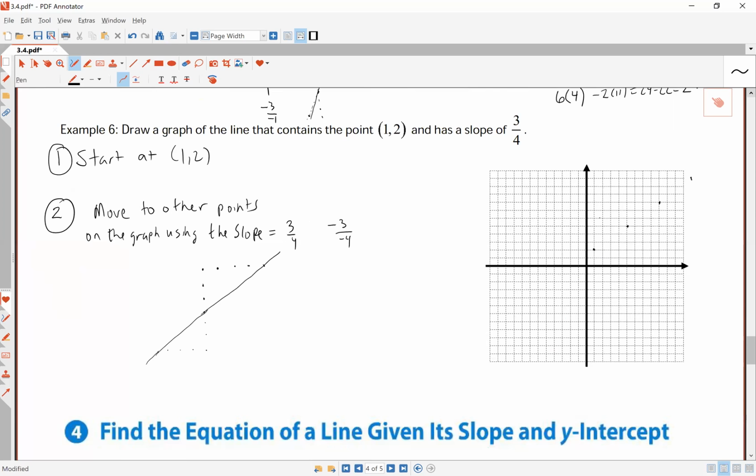From our starting point at 1, 2, we go down 3 and left 4, and repeat. And there's the graph of our line.